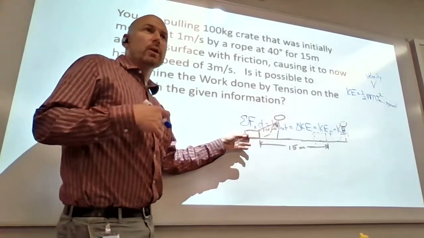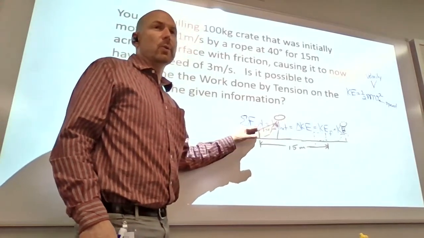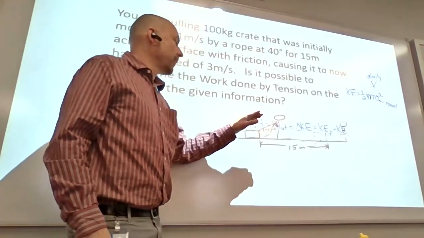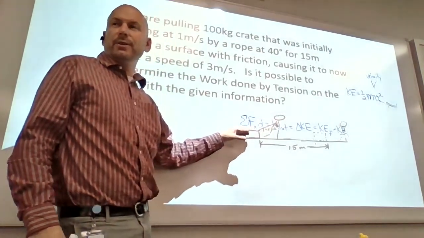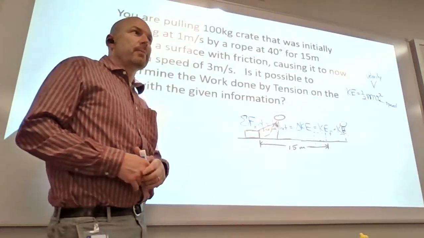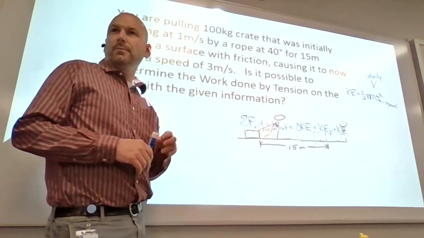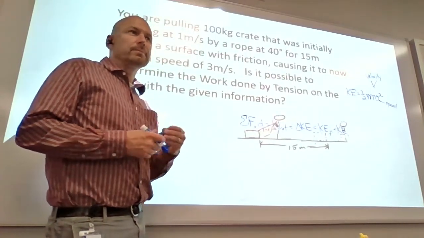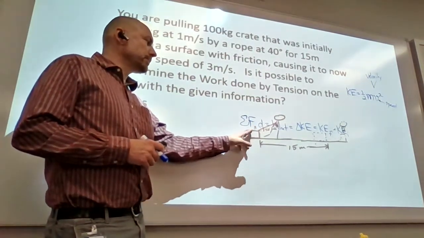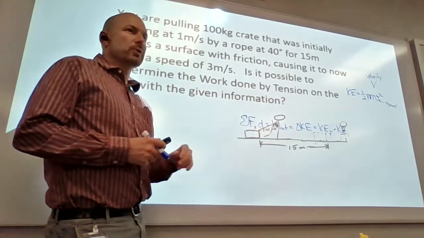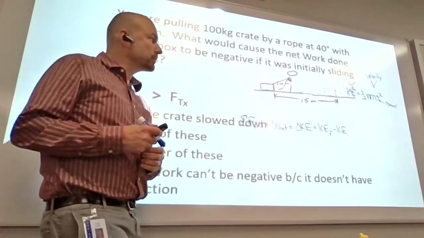If the only force doing work was tension, then this would be valid. But because there's more than one force doing work, you can't find an individual force from this. I would need to tell you how much friction there was or something to let you figure that out. That makes sense? The whole point of this question, this finds the total force, not an individual force. Okay?